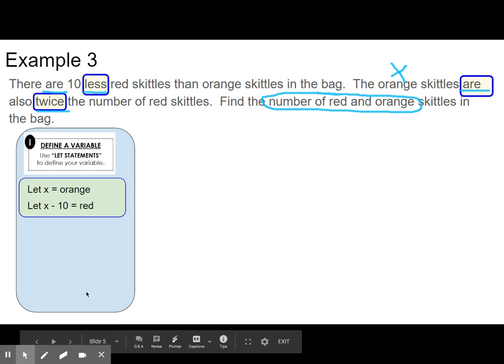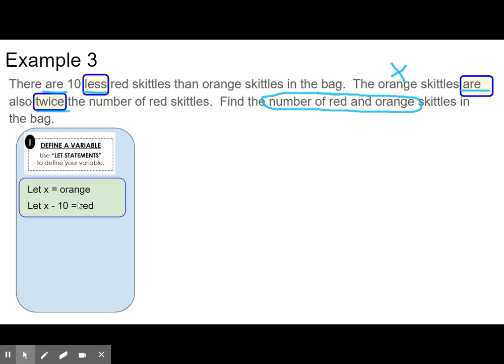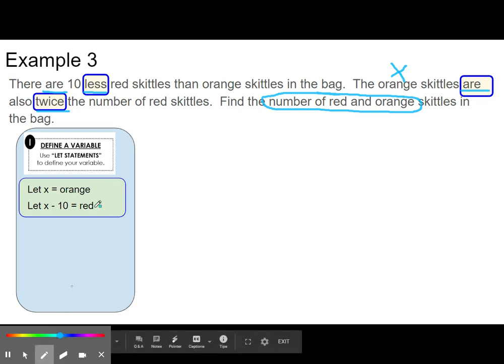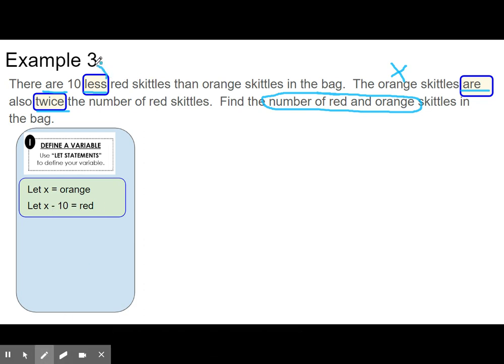And then your red. There are 10 less red Skittles. There you are again, that take away from. When you say less, you're going to subtract 10 from something. You are subtracting the 10 from the number of orange Skittles because there is 10 less red.